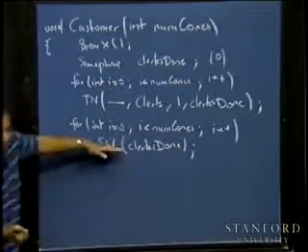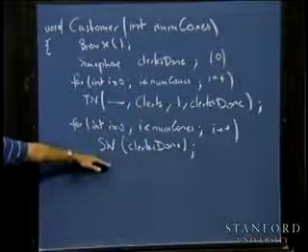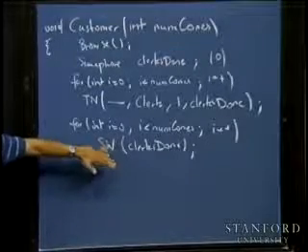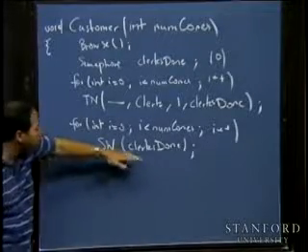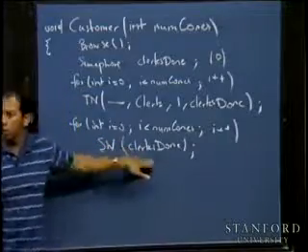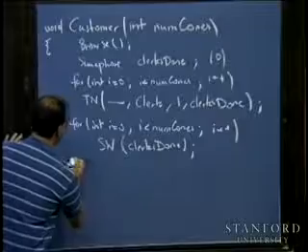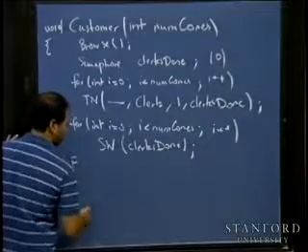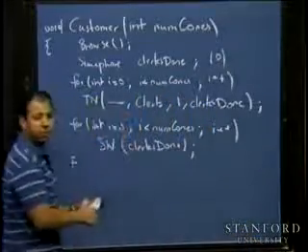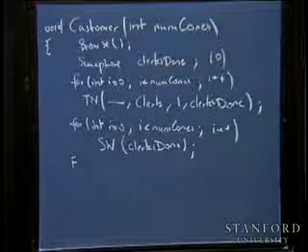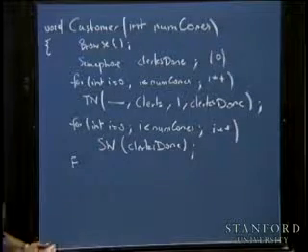Now we know that this guy will never get past this point until all the clerks are done with all his cones, right? At that point you could go and free this semaphore because you won't use it anymore. So you could just go here, and is it free semaphore or semaphore free? I don't remember. Semaphore free?